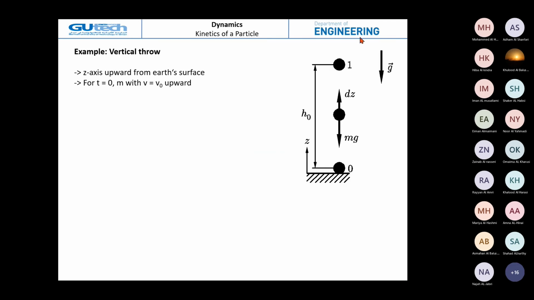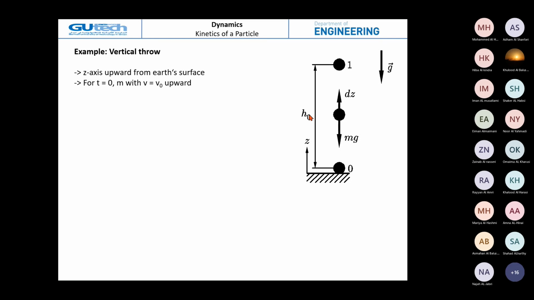Now we take the example we have seen in part 2, the vertical throw. We have the z-axis upward from Earth's surface.